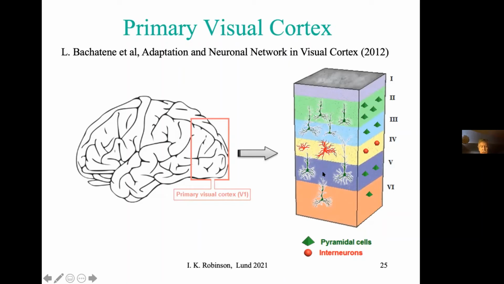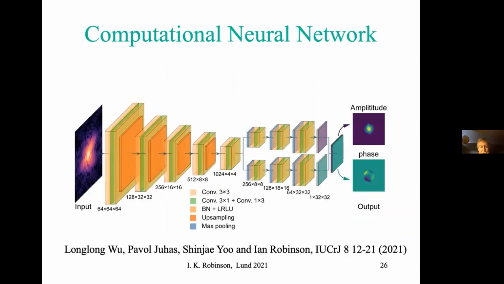This is called the neuronal network in the brain, but the neural network idea is very hot in computer science right now. And this is the one that we've been working on, and the first paper just came out. What we're trying to do here is to do this inversion, the phasing problem, by taking input diffraction patterns and getting out images, amplitude and phase images, using a neural network.